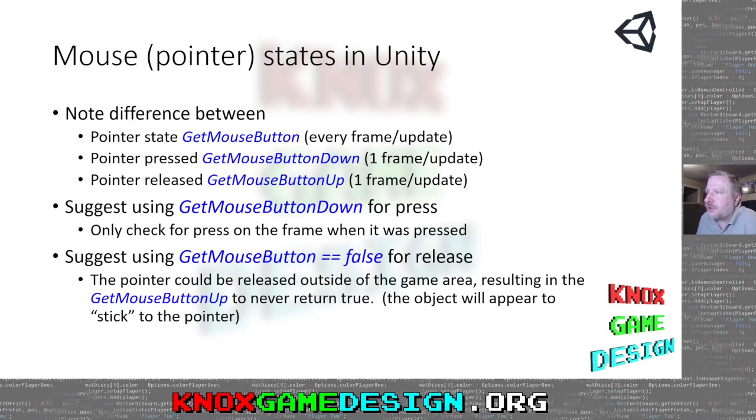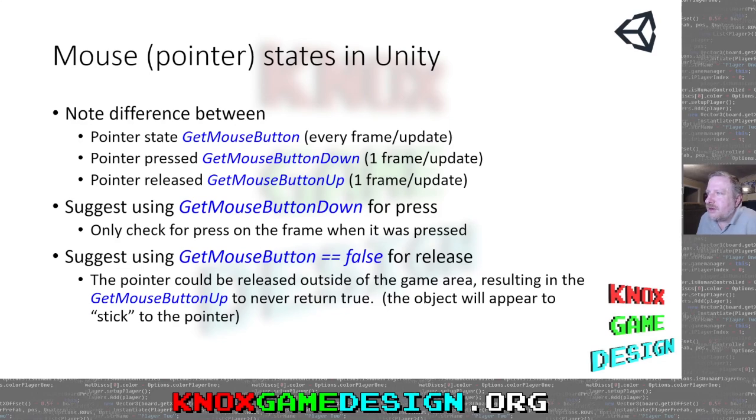It's going to keep returning that same value, whether it's down or up, for every frame in our update. Then you have GetMouseButtonDown and GetMouseButtonUp, and those are only fired on one frame: the frame that the mouse or pointer goes down, or, for GetMouseButtonUp, the frame that it was released.